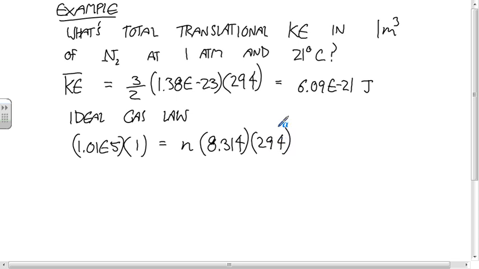I have different numbers on mine. So what's N? 1.01 times 10 to the 5th divided by 8.314 divided by 294. I think it should be right around 40, 41 or something.